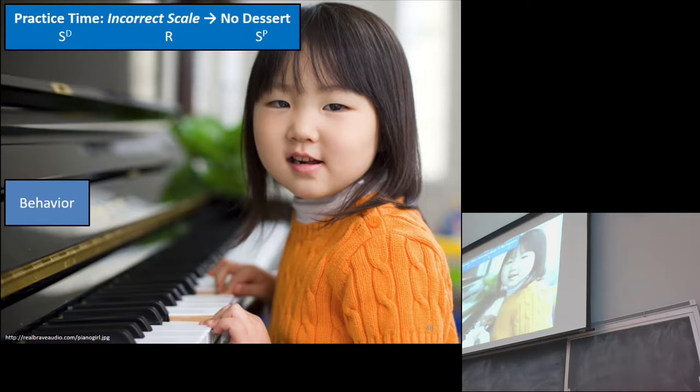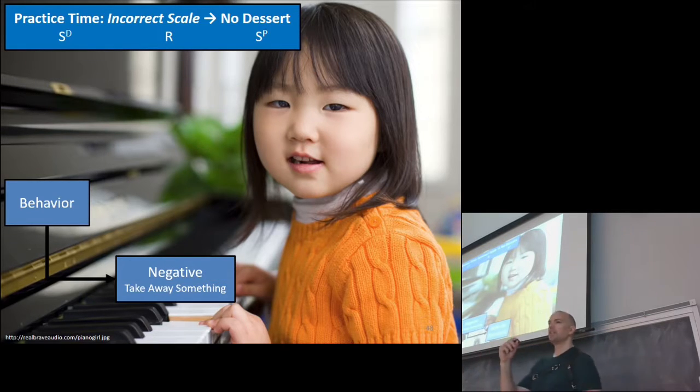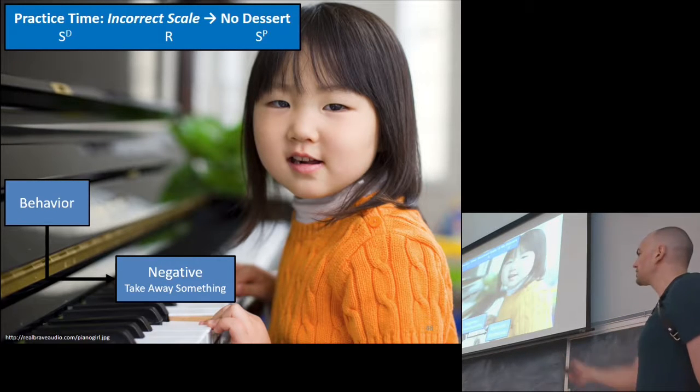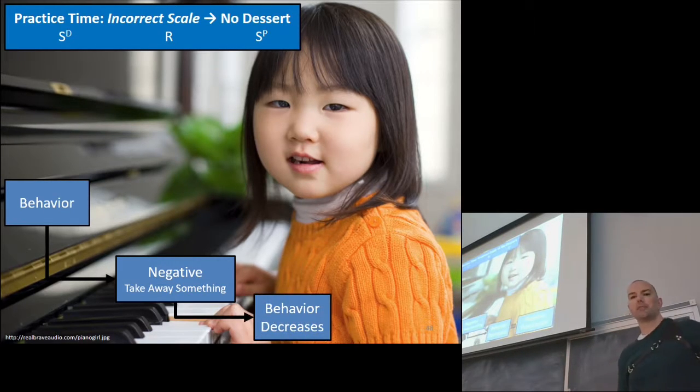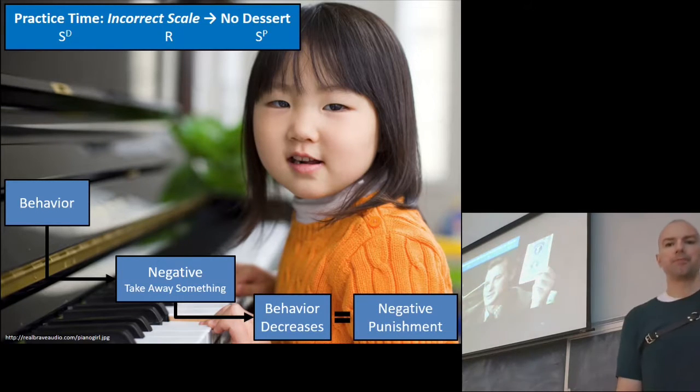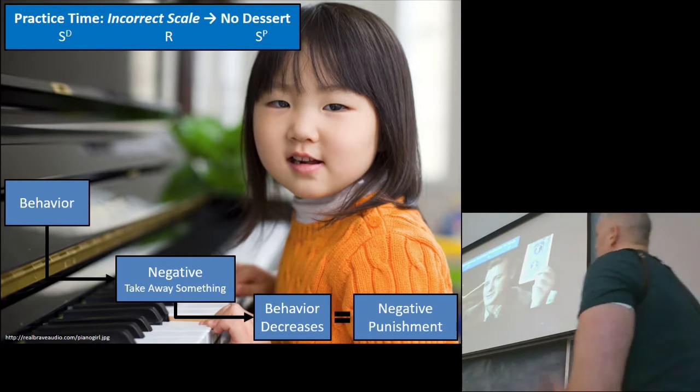That's the environment that she lives in. Once that behavior is completed, dessert gets taken away. That makes it a negative contingency. Something got taken away from her. That takeaway is going to lead to a decrease in the probability of playing an incorrect scale. Decrease when something's taken away. That's negative punishment. All right, so any questions on those 4 contingencies?